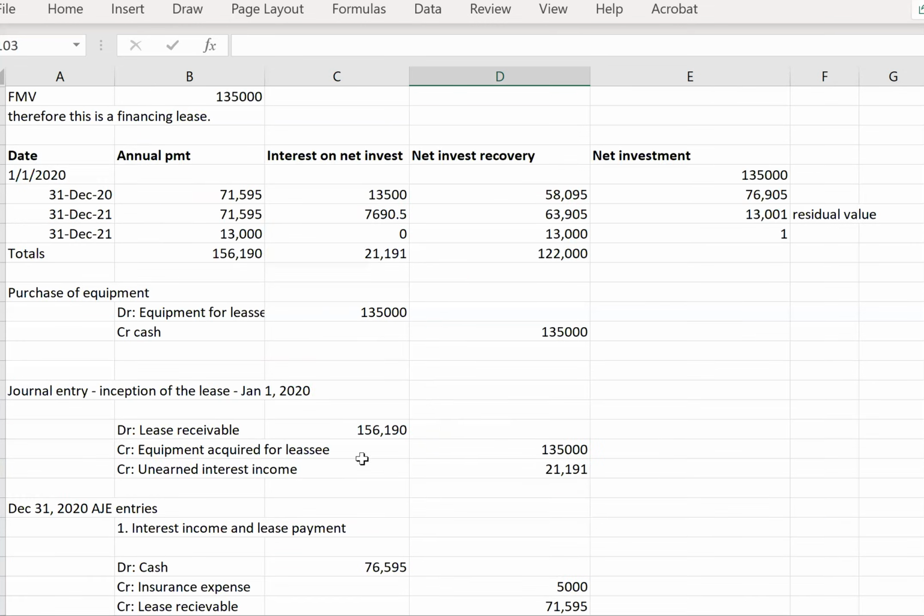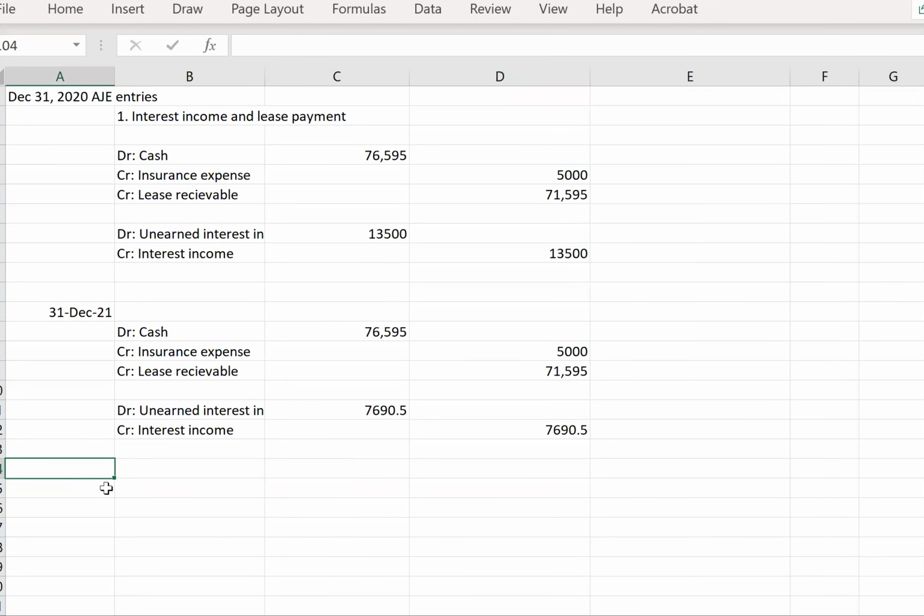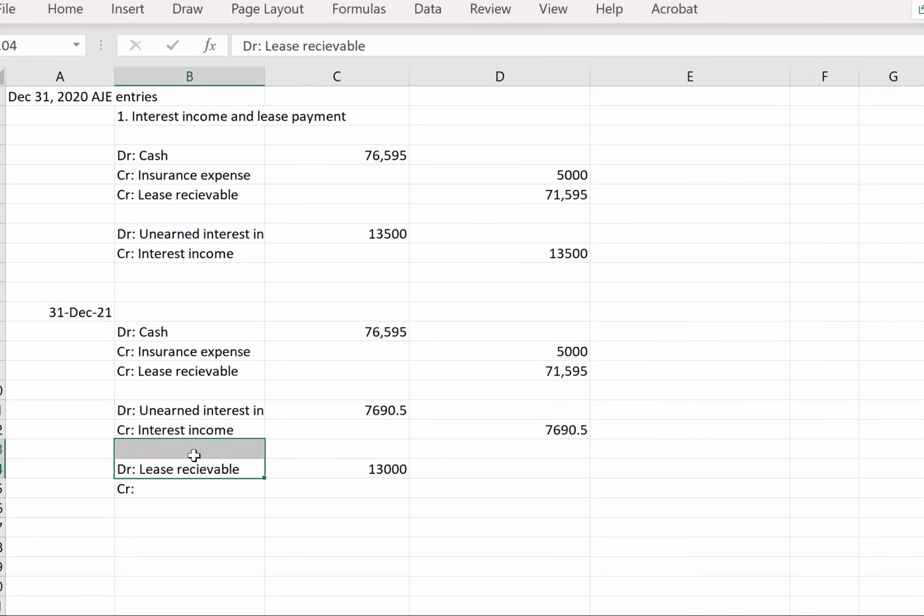So our entry here is going to be debit cash and credit lease receivable because we had included the value of the equipment into the lease receivable for $13,000 when we calculated it.